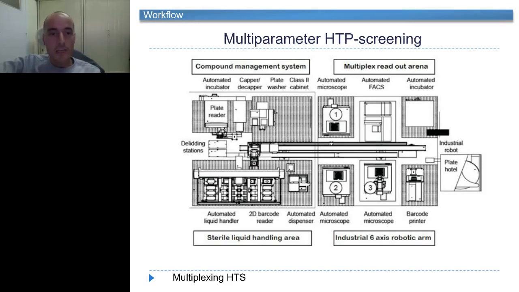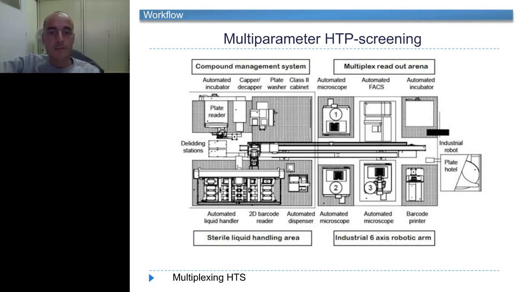It is equipped with a fully automatized compound handling and management system, which is on that side, and all this part here on that side is put in a sterile environment, and we've got a robotized arm which can move forward and backward from the sterile compound and cellular handling area towards the multiplex readout arena.